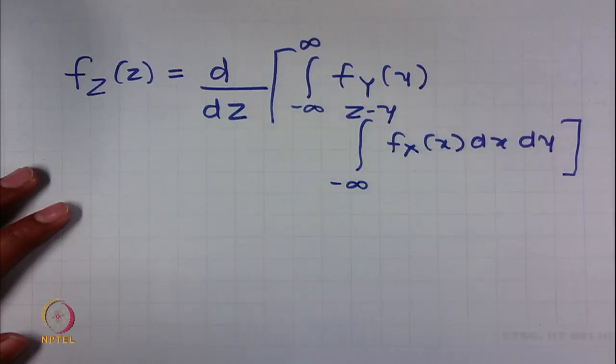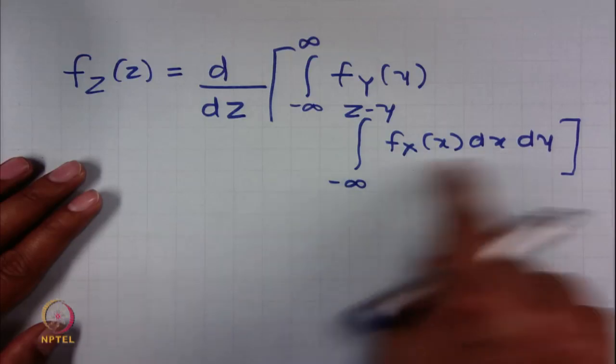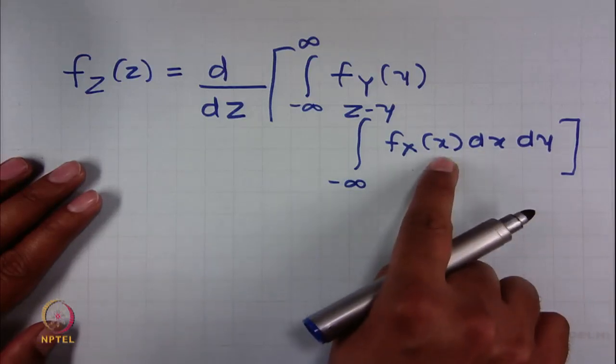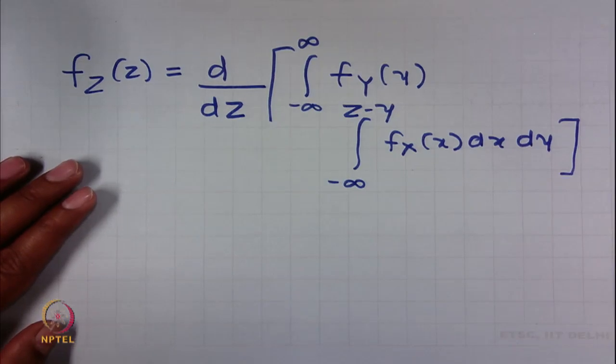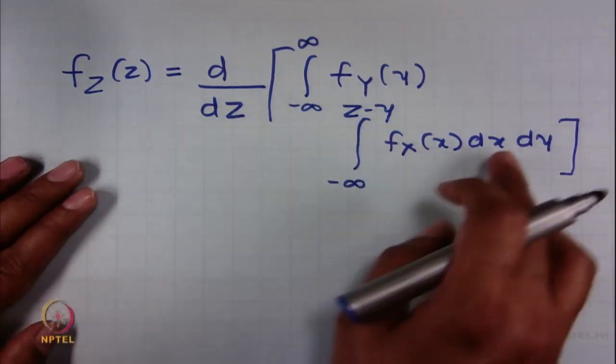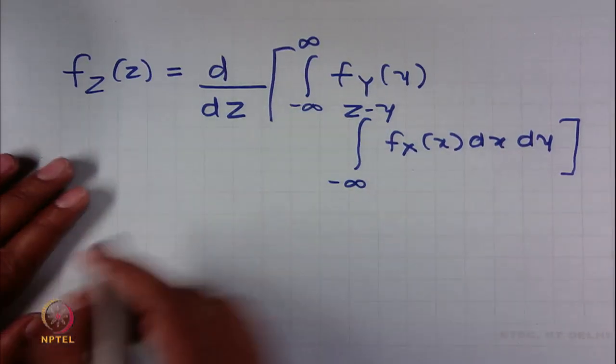What you can appreciate is only this integration is a function of z, all these quantities are independent of z. So, while differentiating I need to just consider this part. So, let us think about this separately, and see what we get if I differentiate this quantity.